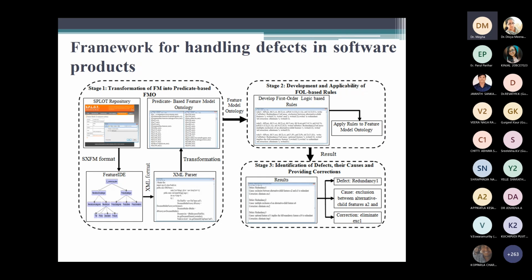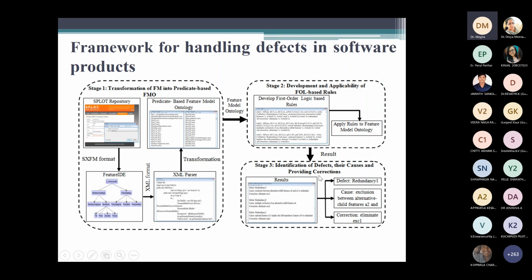Now, stage 1 is over. We have the ontology with us. In stage 2, first order logic was used to develop rules, and then these rules were applied on the generated feature model ontology. After applying these rules on the generated ontology, as a part of stage 3, the defects have been identified along with their causes and with the corrections.